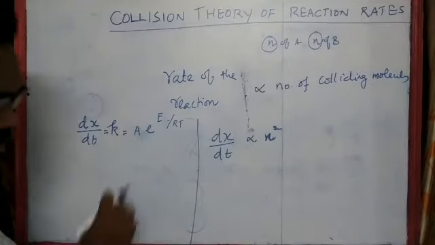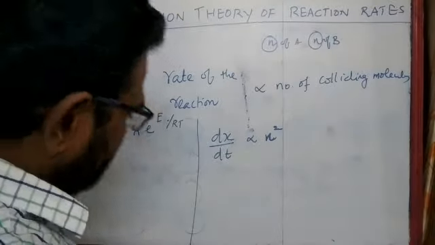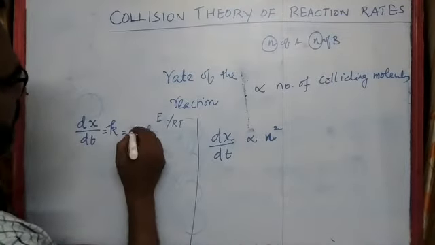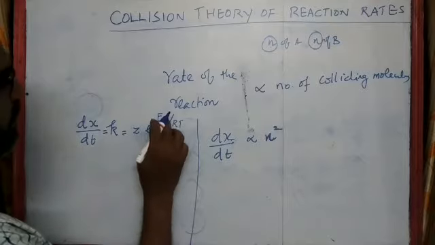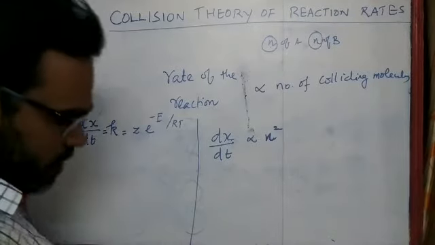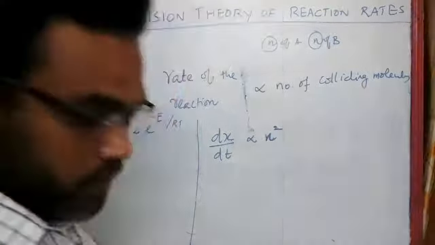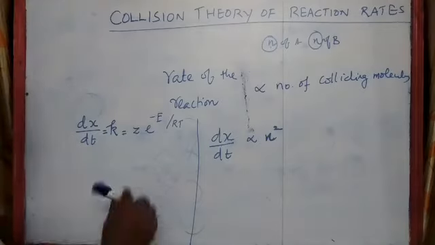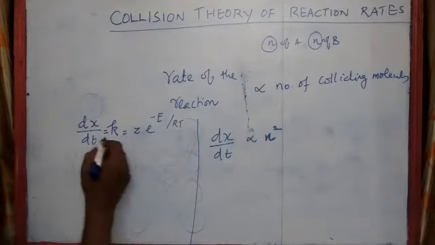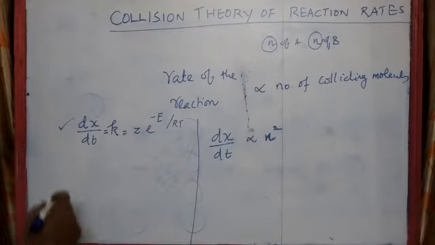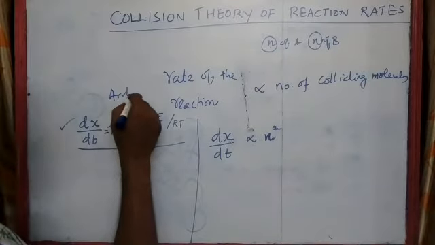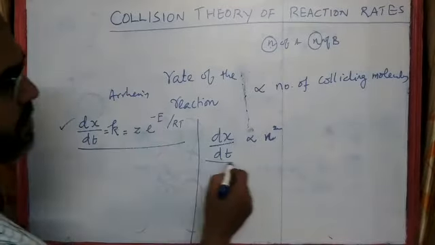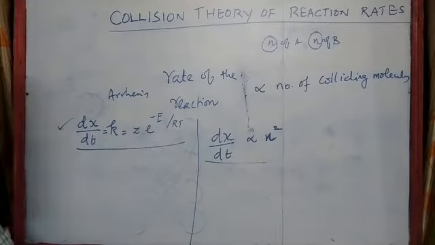Say k is equal to A Z, or I can simply write this as the frequency factor Z e power minus E by RT. Now compare these two rate equations: dx/dt according to the Arrhenius equation, and dx/dt according to the collision theory.